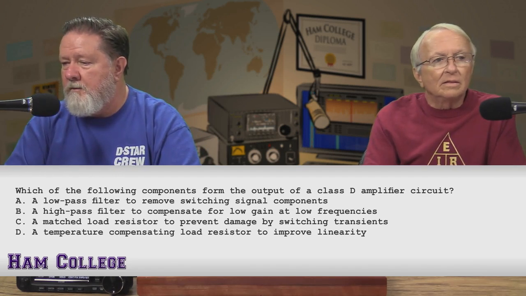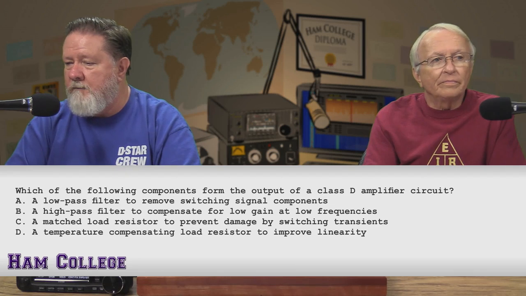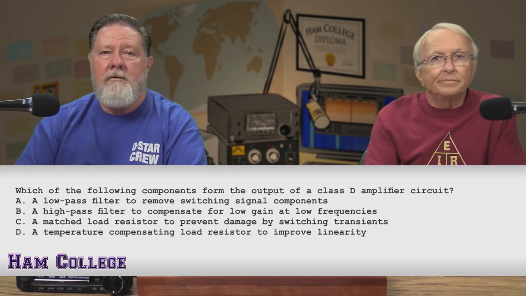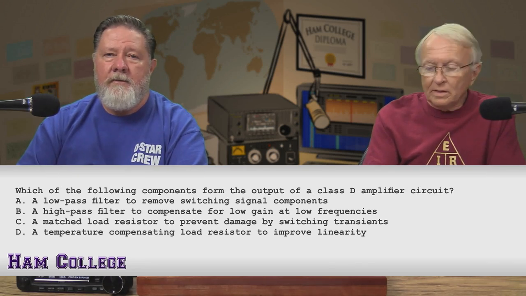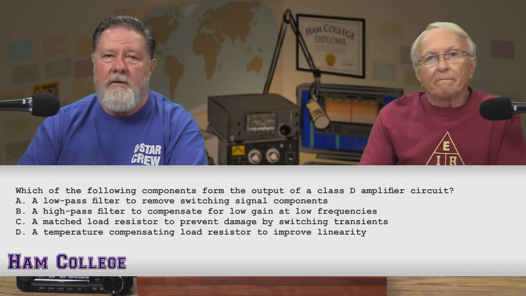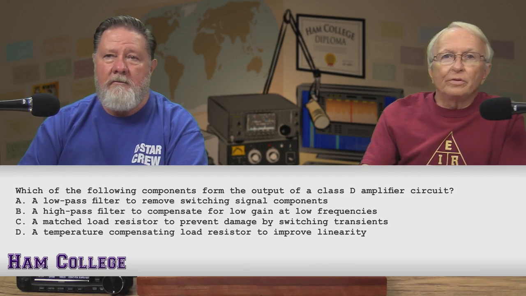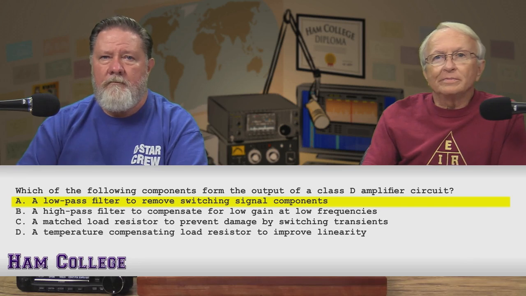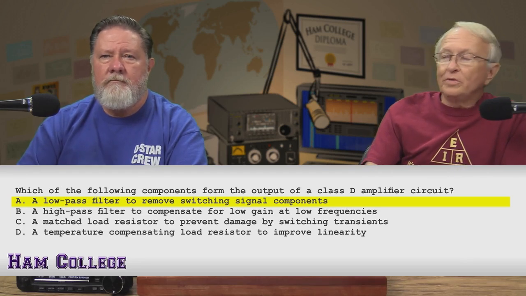Well, that's what I'm going with. I don't think it's any of the other three. I'm pretty sure it's A, though I could be wrong. I agree with you. It's a low-pass filter to remove switching components.